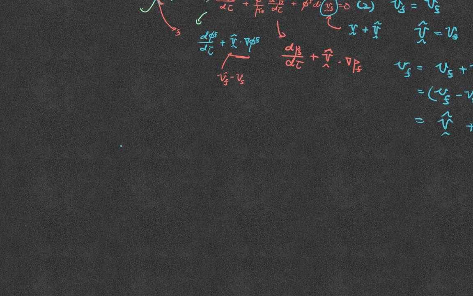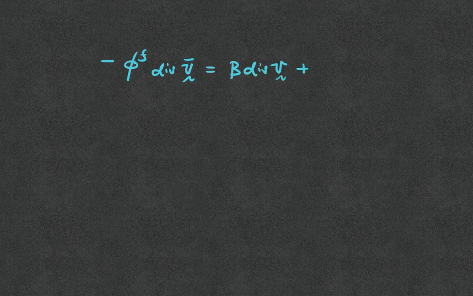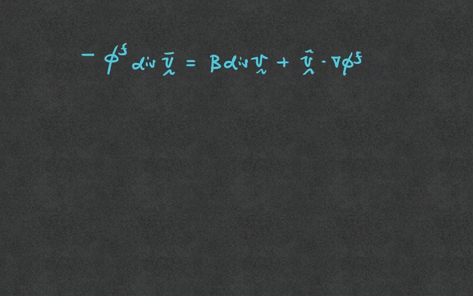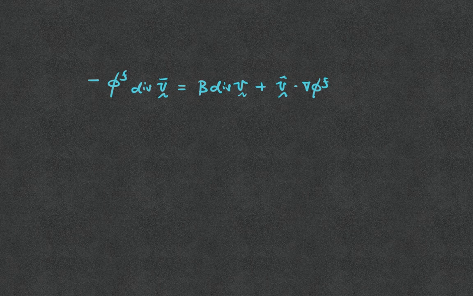So I will have the porosity times the divergence of the relative velocity equals the Biot's coefficient times the divergence of the solid velocity plus the relative velocity times the gradient of porosity times the elastic compaction term.